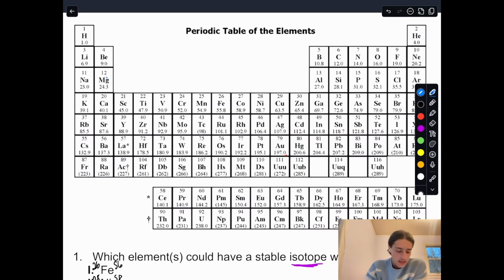So lithium has 1 valence, beryllium has 2, 3 for boron, and then you go all the way up to 8 over here. And then once you get to the D block, we start adding even more valence electrons. So for example, chromium is going to have 1, 2, 3, 4, 5, 6. Okay, so that's how this works.